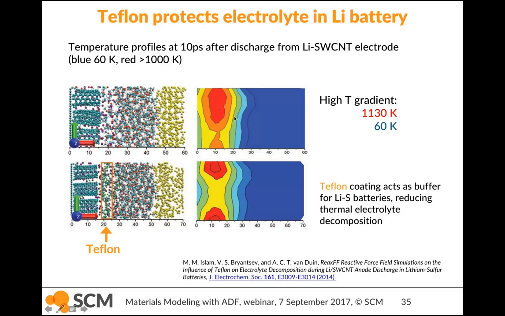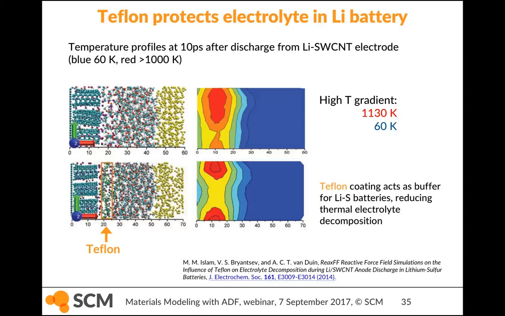As you can see, the system goes up to over 1,000 Kelvin here. And that means that your electrolyte is breaking. Through heating up your system, you start breaking your electrolyte, you start forming ethane and other gases, and that means that your electrolyte is actually wanting to explode, which is not good.